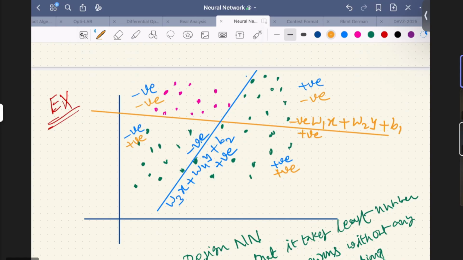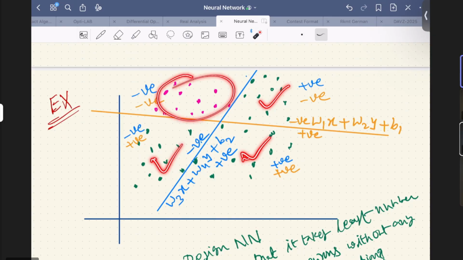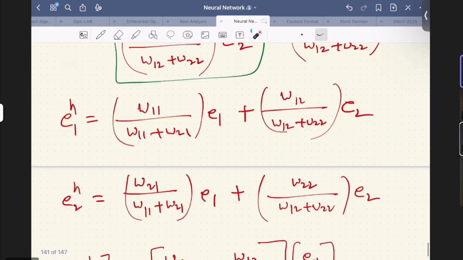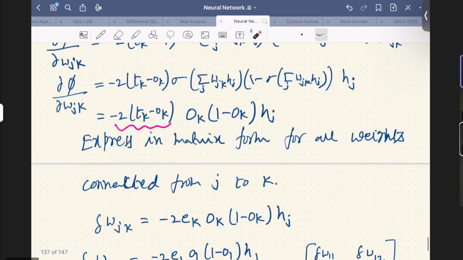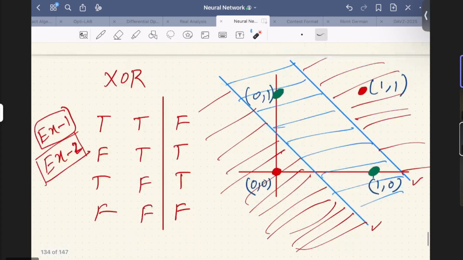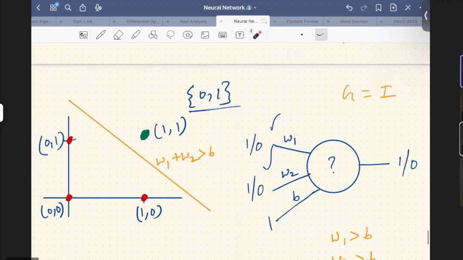So if these are negative-positive, positive-negative, positive-positive, then accordingly these all come under one category and this comes under another category. We have seen something similar earlier.